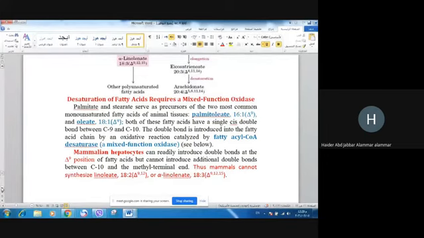The two most common monounsaturated fatty acid of animal tissue اللي هي البالميتوليل or palmitoleic acid اللي هو 16 carbon, that's mean contain single double bond between carbon 9 and carbon 10, and oleate اللي هو 18 carbon atom with single double bond. The same thing between the carbon 9 and 10.